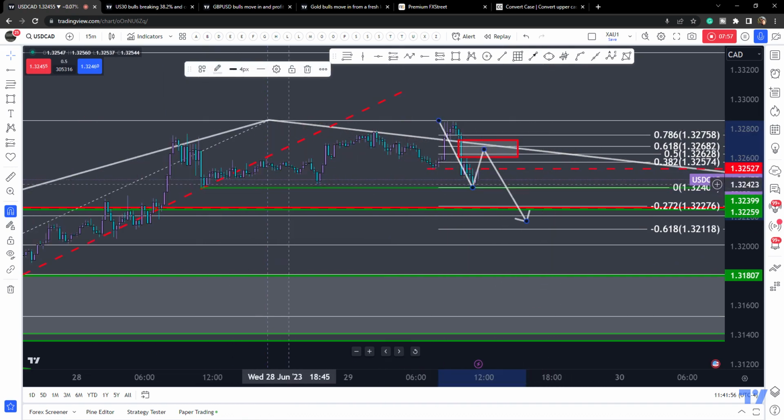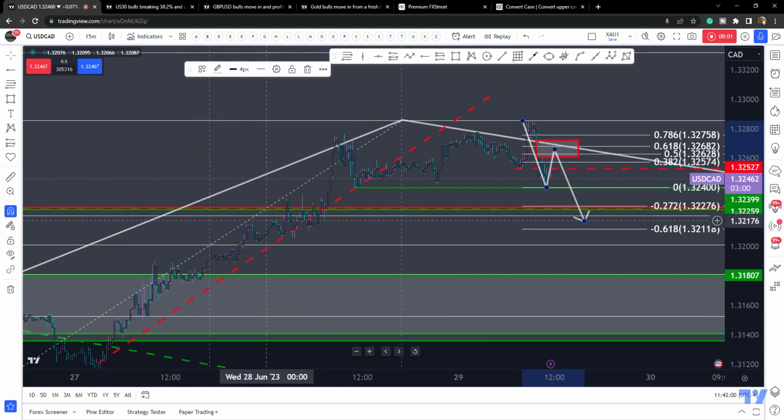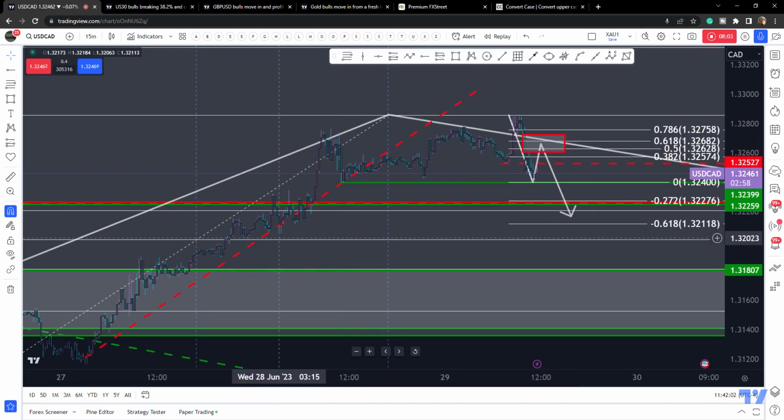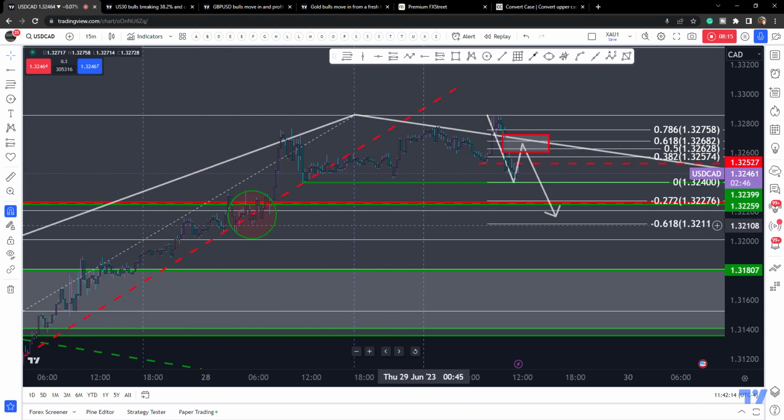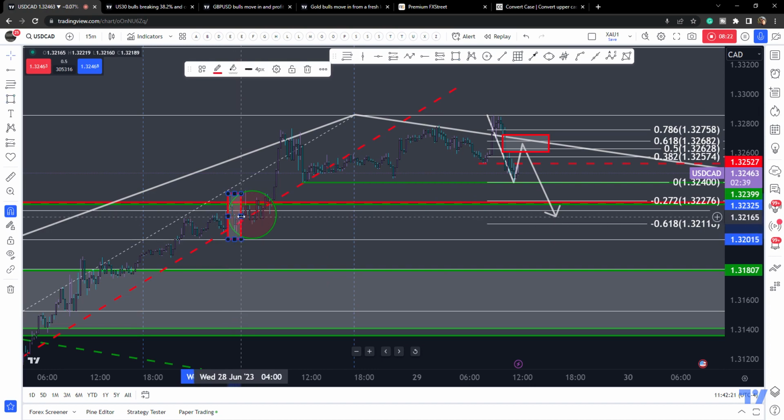To break this support. Now you're going to have liquidity all below here and above there. So that could be a supported area as well. So we'll just draw that as a box. Potential support.